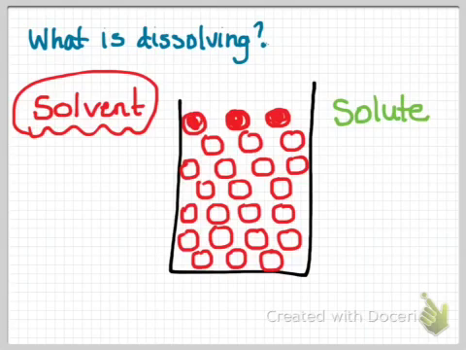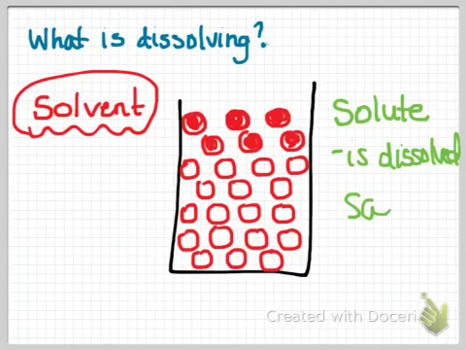So water, remember, water is the universal solvent. The other part that needs to be in a solution is the solute, and that's the material that is dissolved. So in this case, let's pretend that the solute is going to be salt.